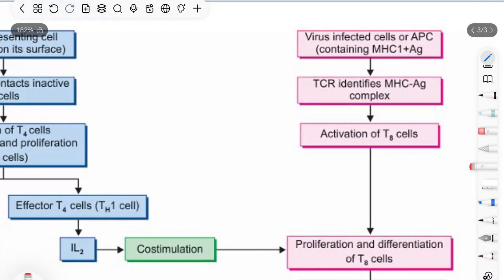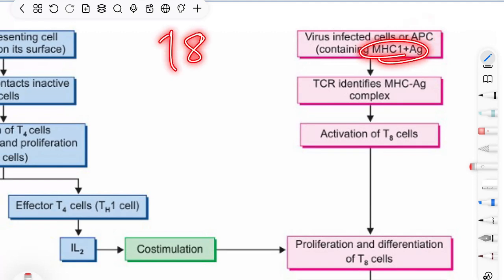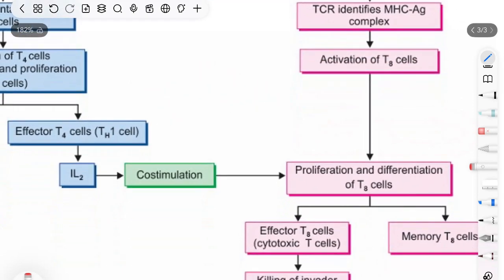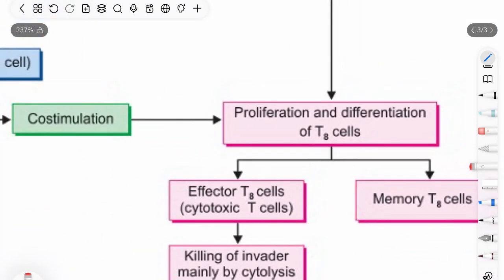Next, virus infected cells or the antigen presenting cells with MHC1. If it's MHC1, we have discussed in video 18, that is the cytotoxic T cell, like this TC cell. Next, T8 cells or the TC cells come and bind and get activated. After the activation, they get differentiated and proliferated.